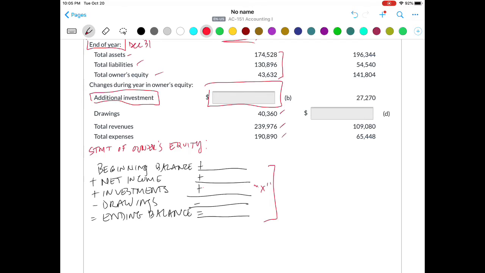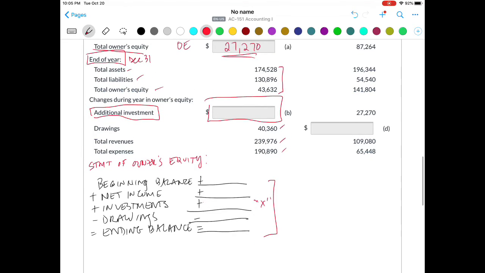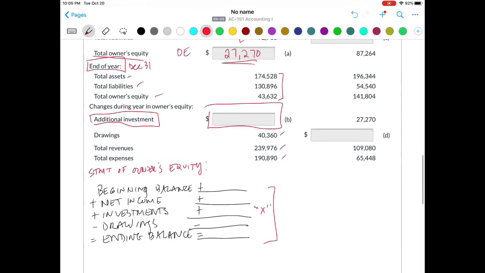So let's go ahead and put together the pieces that we need here. So the beginning balance, and by the way, for this piece, look in chapter 1, homework problem number 1, for a refresher or to review how to put together a statement of owner's equity. Homework problem number 1 asks you to look at an income statement and also a statement of owner's equity.